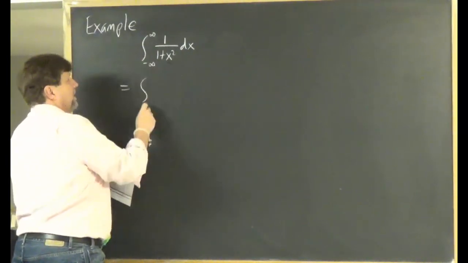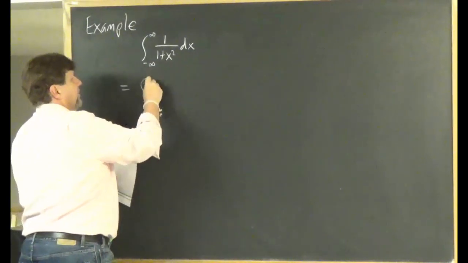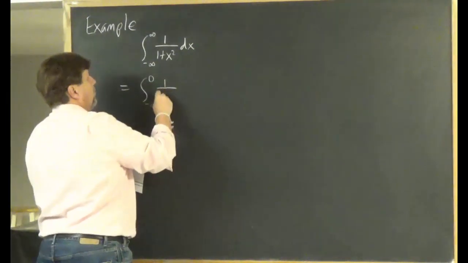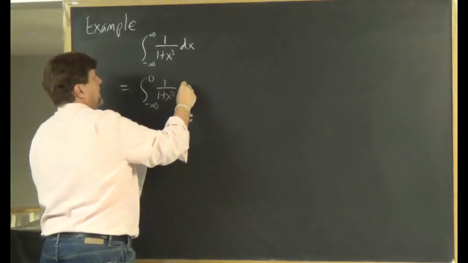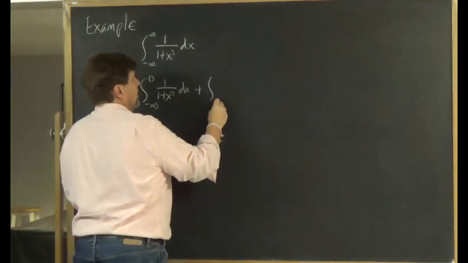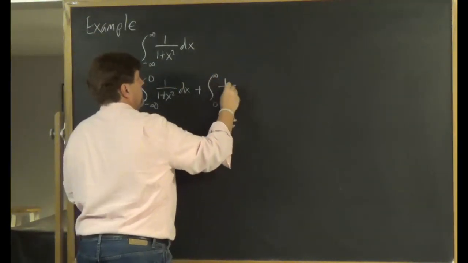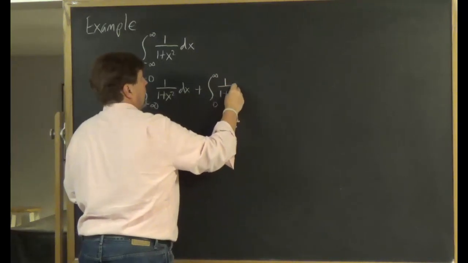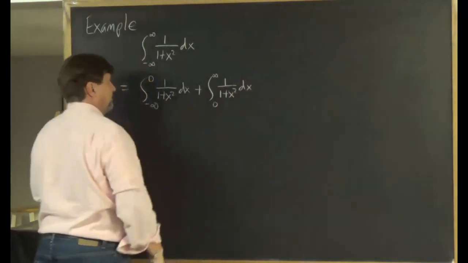So let's start by just rewriting this as the integral from negative infinity to 0 of 1 over 1 plus x squared dx, plus the integral from 0 to infinity of 1 over 1 plus x squared dx.